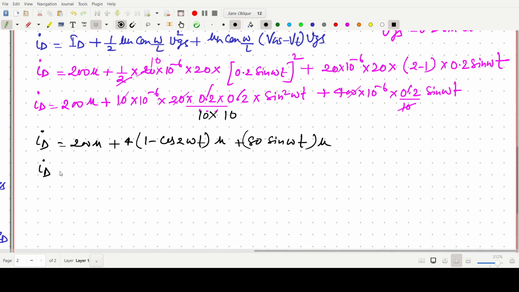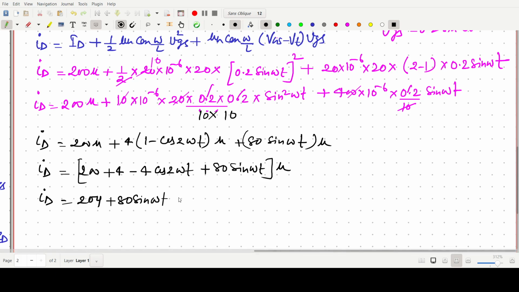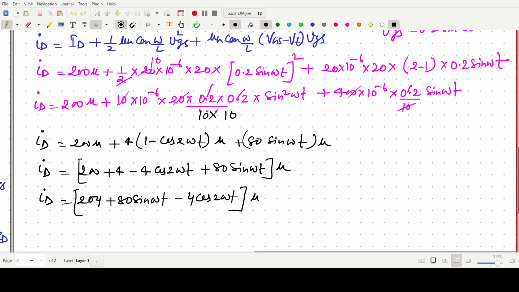So if we solve this one, it will come like this: 200 plus 4 minus 4 cos 2 omega t plus 80 sin omega t, micro. Okay, so the ID value will be 204 plus 80 sin omega t minus 4 cos 2 omega t, and it is in microampere. This one is the answer.